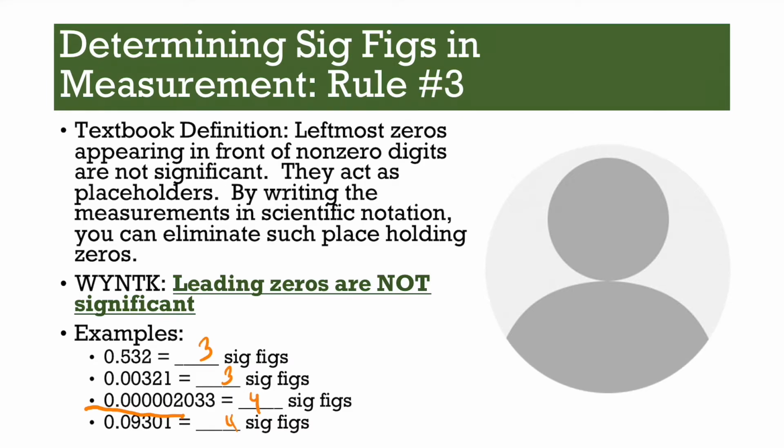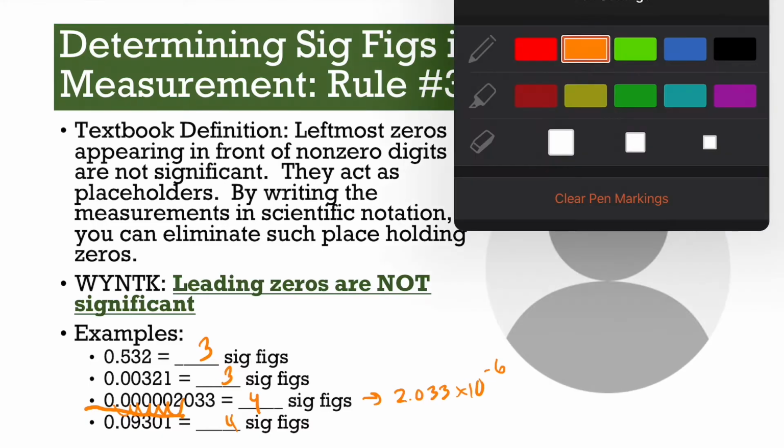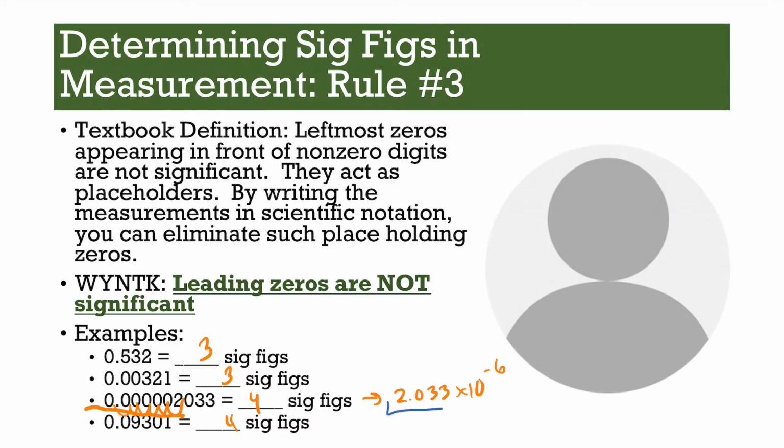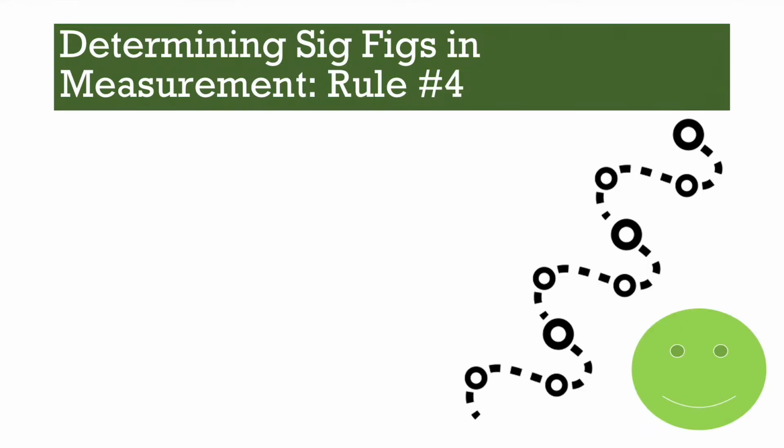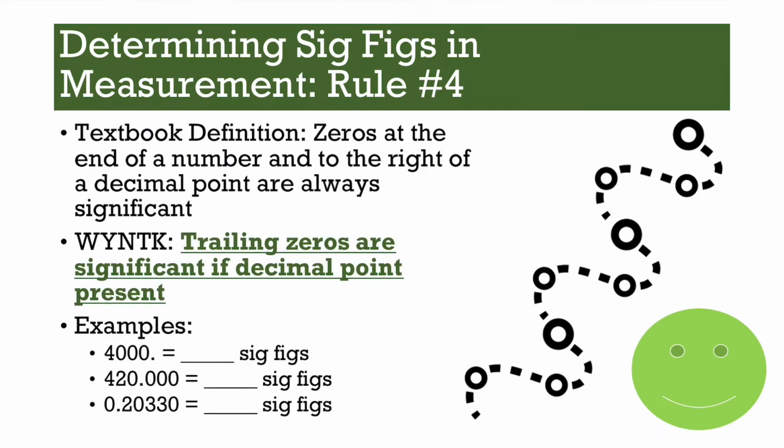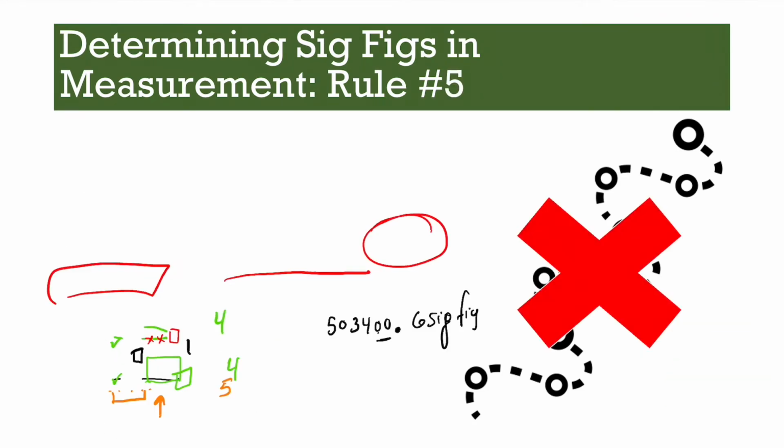So again, this one would be written as 2.033 times 10 to the negative 6. So whenever you see scientific notation and it asks about how many sig figs you have, it's literally just the number that is there. So those are the same number written both ways, but the scientific notation method makes it easier to see the number of significant figures. Same thing goes for this one. Okay.